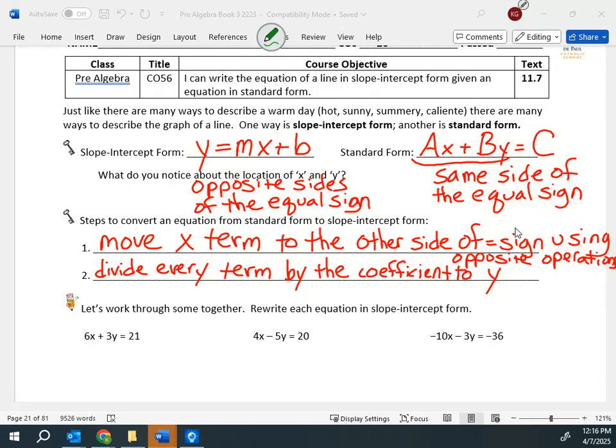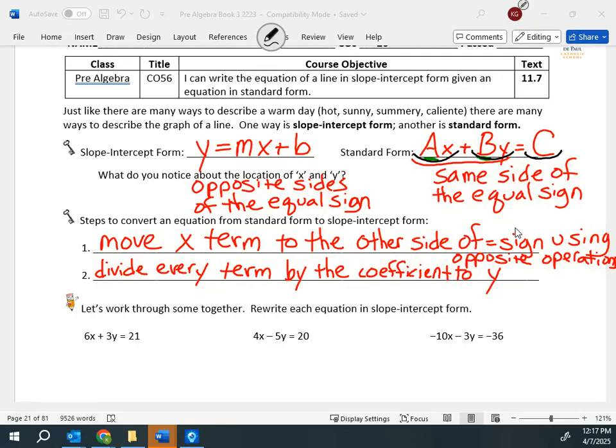So when we talk about a coefficient, the coefficient is the number that's connected to our variable. We have x and y are our variables. The number connected to the variable is your coefficient. Our terms, we have ax's together, by is together, that's c.